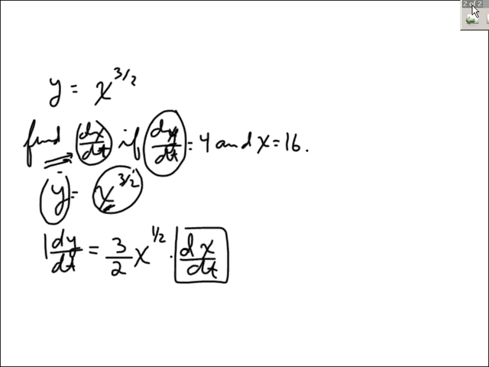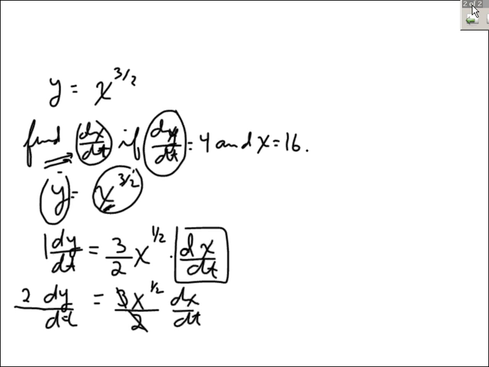So you might want to write it this way, 3x to the 1/2 over 2 times dx/dt. And 1 times dy/dt is just dy/dt. If the 2 is on the bottom, it goes on top. If the 3 is on the top and you don't want it, it goes in the bottom. x to the 1/2 on the top, it goes to the bottom.